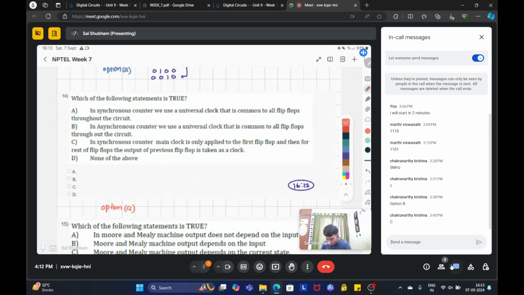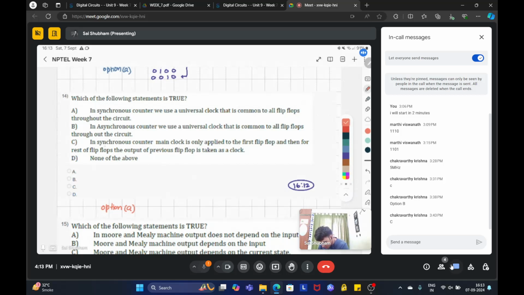So in synchronous counter, all the flops will have the same universal clock. Option B is wrong because option B says that the universal clock is fed to all the flip-flops in asynchronous counter, which is not the case. In asynchronous counter, the main clock is fed to the first flop and in the rest of the flip-flops, the output of the previous flop is used as a clock.